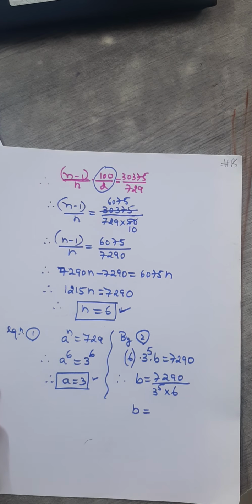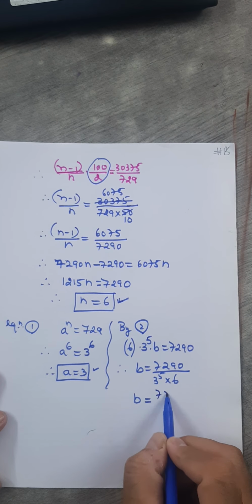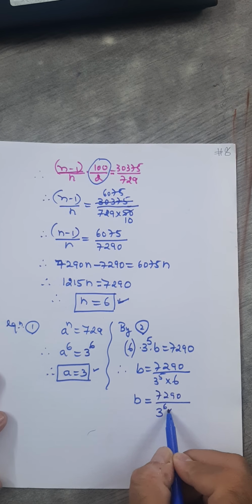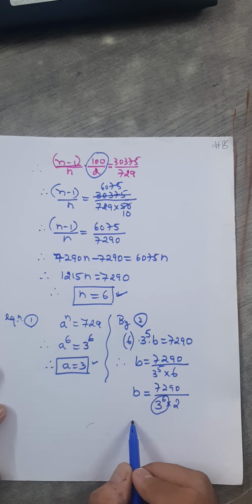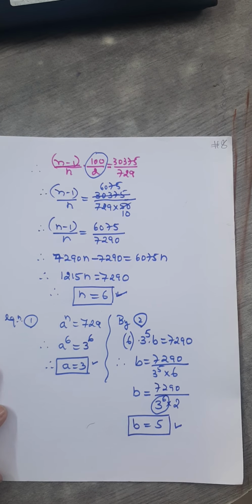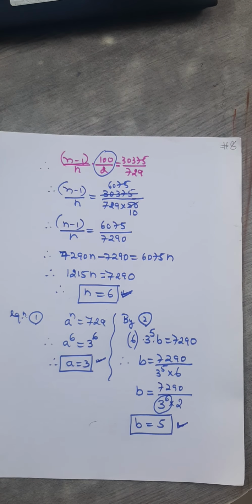If you simplify, this is 3 raised to 6 into 2. Now this is 729, so we'll get 10 by 2, so we'll get just 5. So these are the values of the three unknowns, n, a and b.